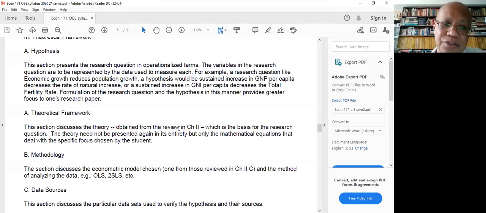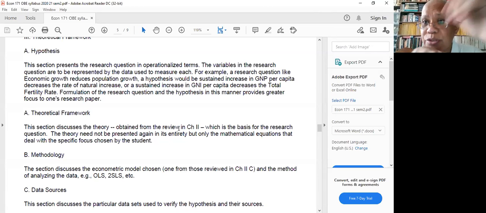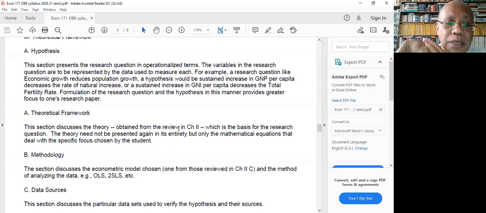Now, the methodology here would be discussing the econometric model that we used. Again, in your review of literature, you presented many different econometric models on your particular topic. So the one you decided to adapt, you discuss here.